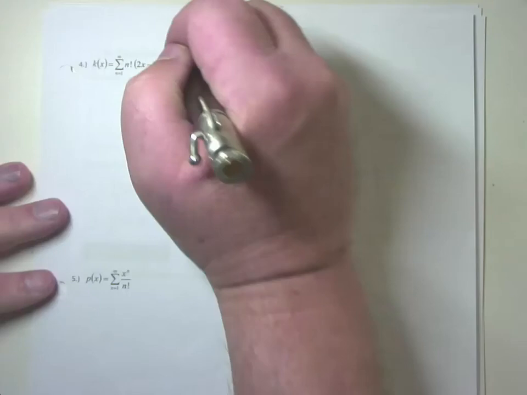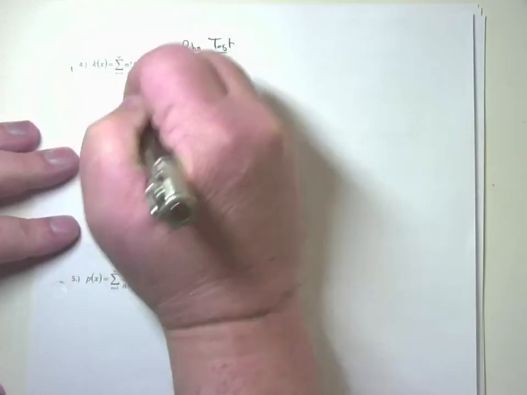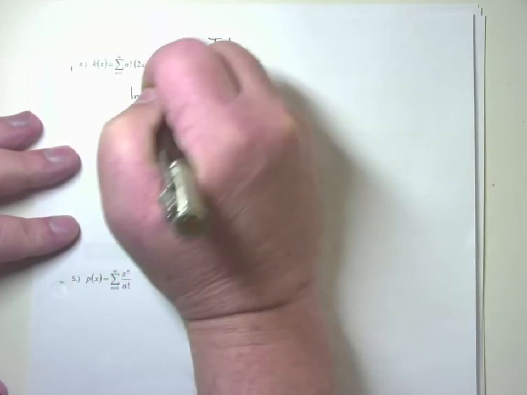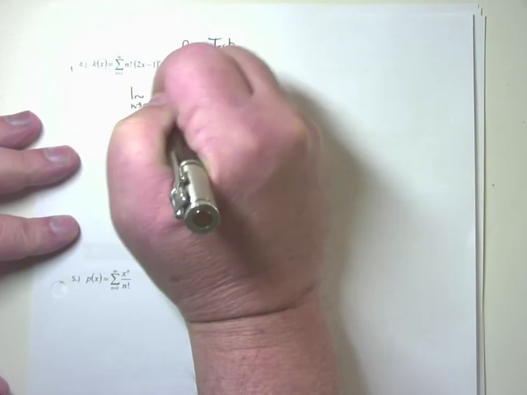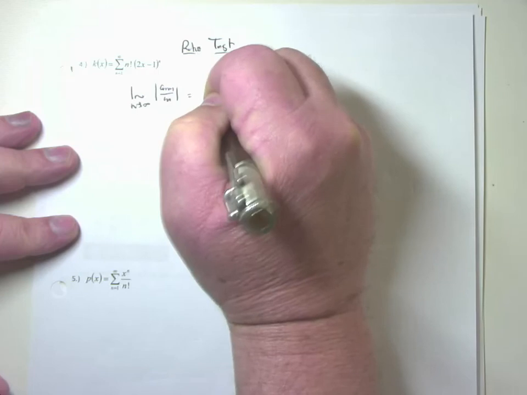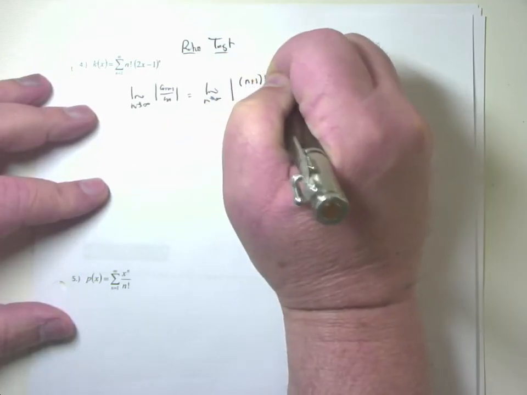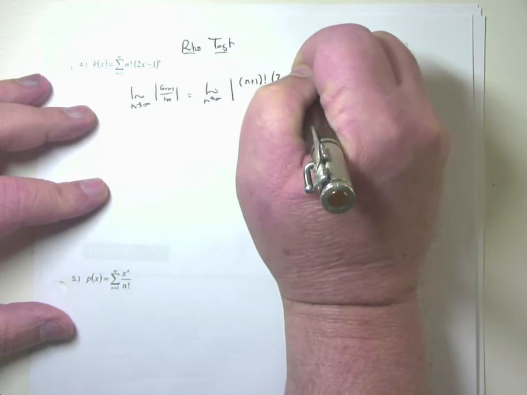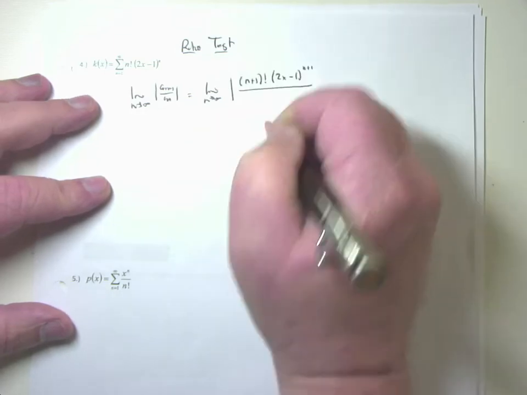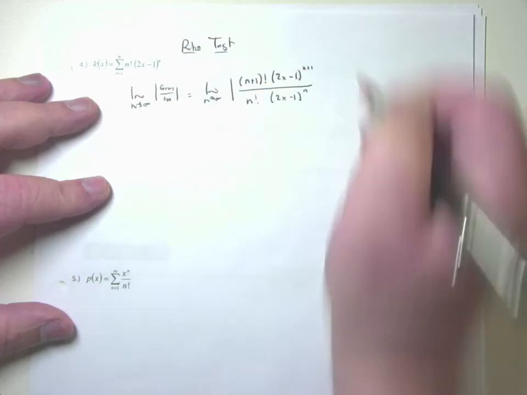Now, I'll prove these to you guys, but I'm going to use a ratio test. So I'm going to take the limit as n approaches infinity of the absolute value of a n plus 1 over a n. This will be equal to the limit as n approaches infinity, absolute value of n plus 1 factorial times 2x minus 1 to the n plus 1 divided by n factorial times 2x minus 1 to the n.